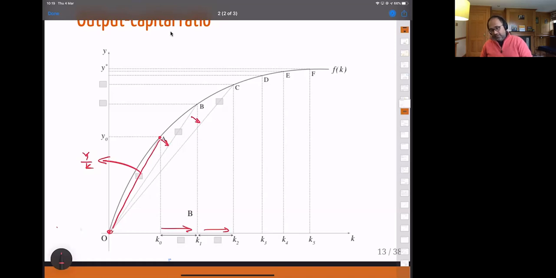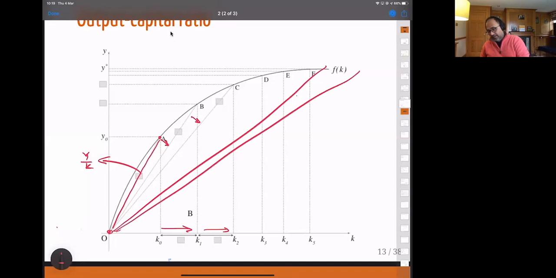And at some point, you'll reach this point, and if you add more capital stock, your Y by K is going to keep decreasing.